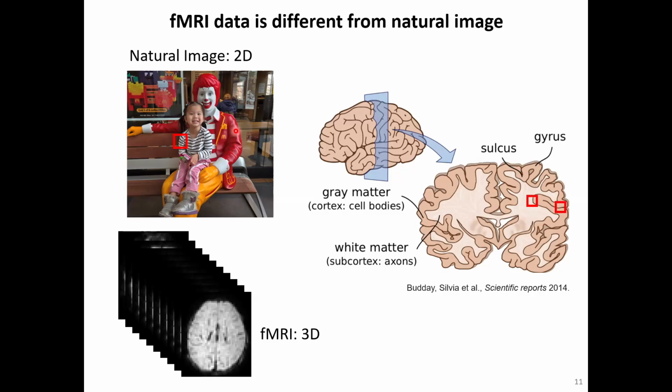So even within very neighboring pixels or voxels, they can have very different properties. For example, white matter and gray matter, or even within gray matter, if they're in different layers across the circuits, they can have different properties.